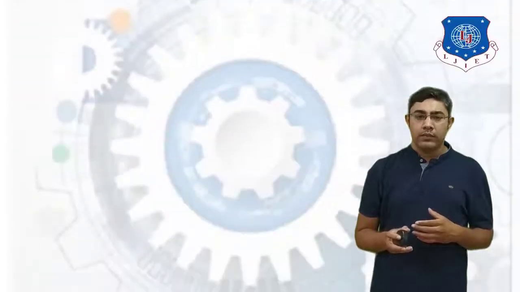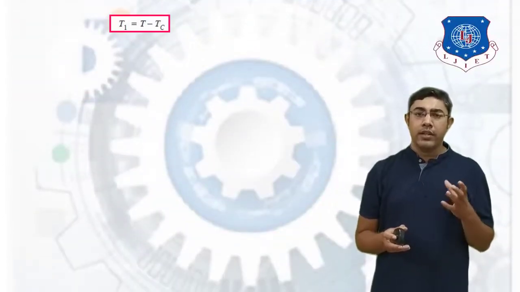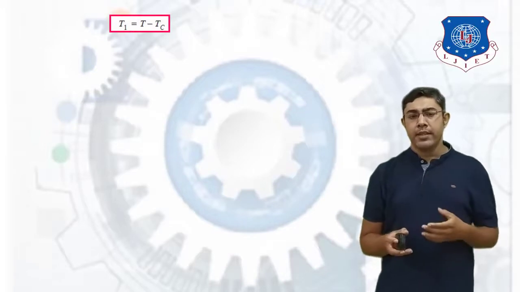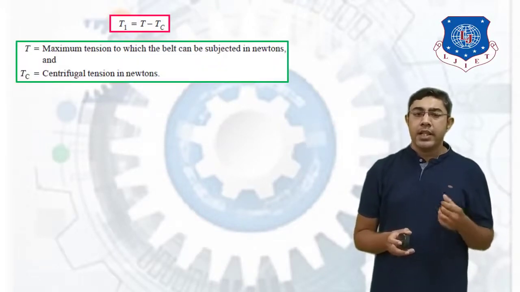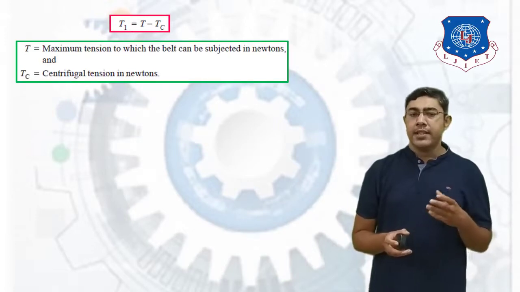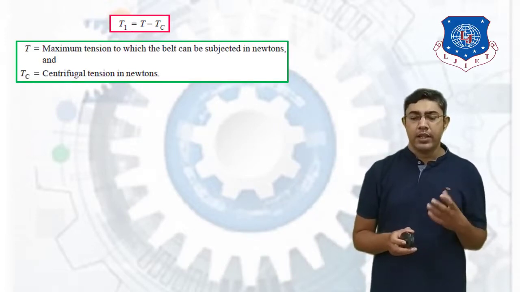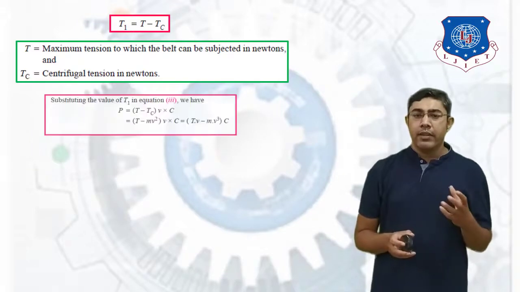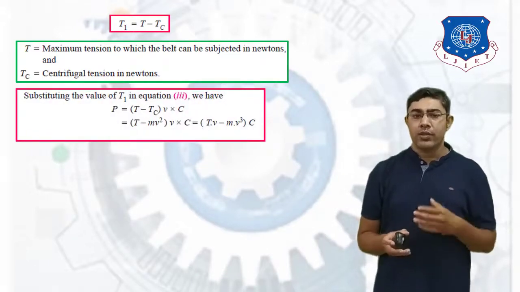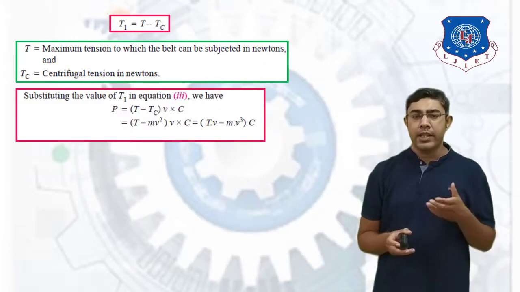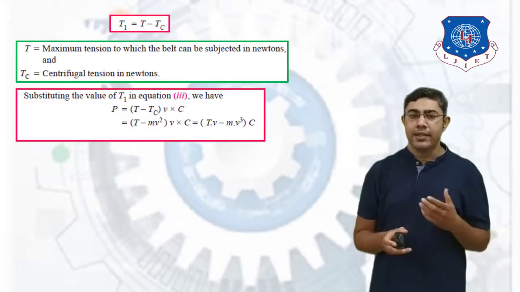Now as we know, T1 is equal to T minus Tc, where T is the maximum tension and Tc is the centrifugal tension in Newton. So we have the power equation P is equal to T1 V into C. We place the value of T1, that is T minus Tc, in equation 3.